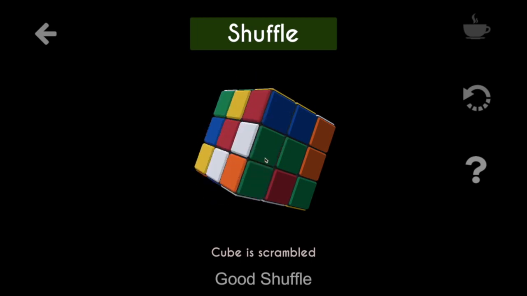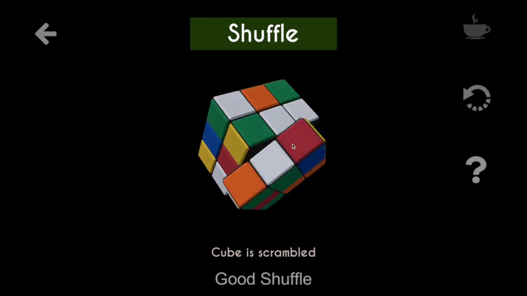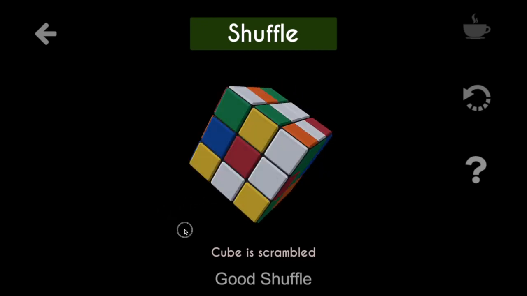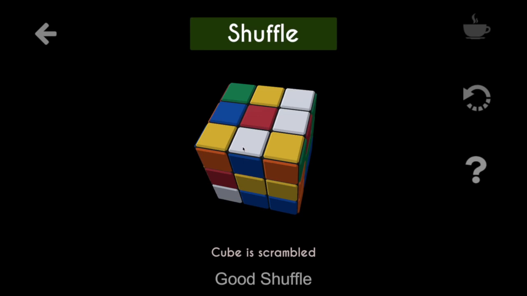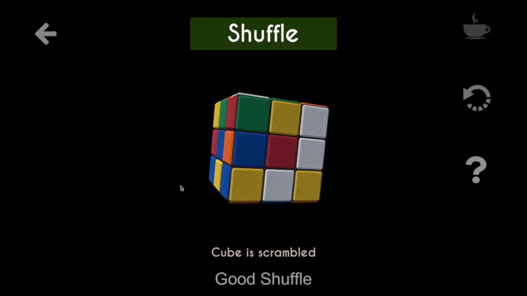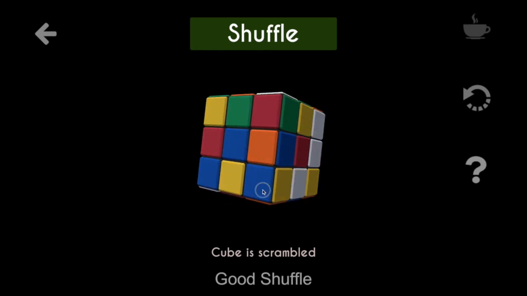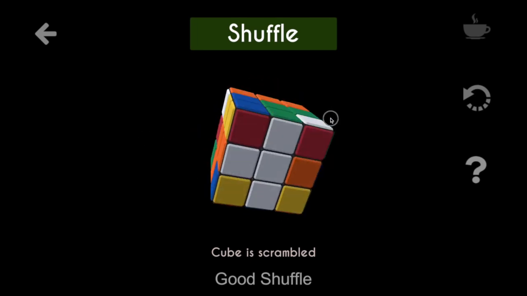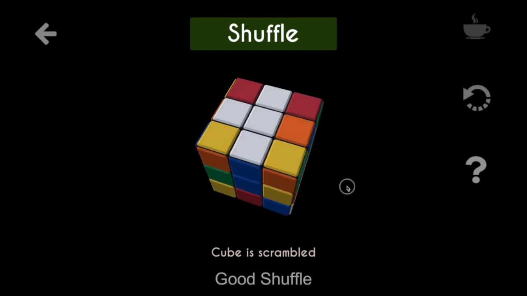So I match the green and then I turn to match the white. So the oranges are matched and the green is matched. Next, this is an edge with the white and the blue. So first let us match the blue and then let us match the whites this way. Yes, so we have the orange, we have the green and we have the blue.